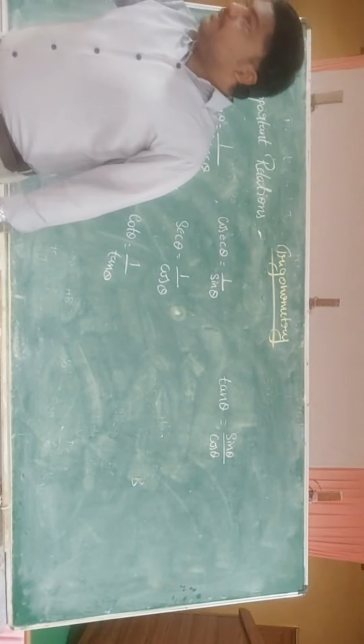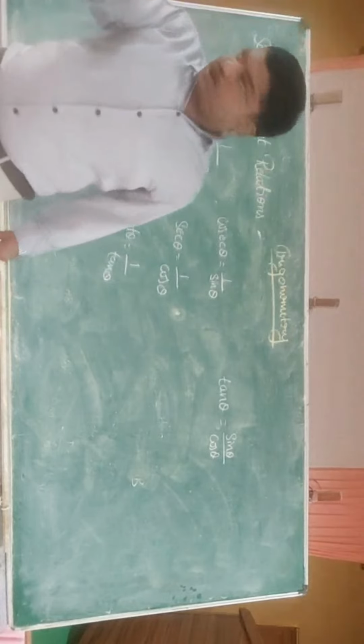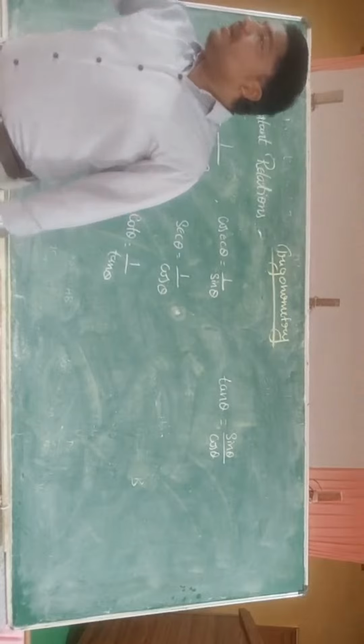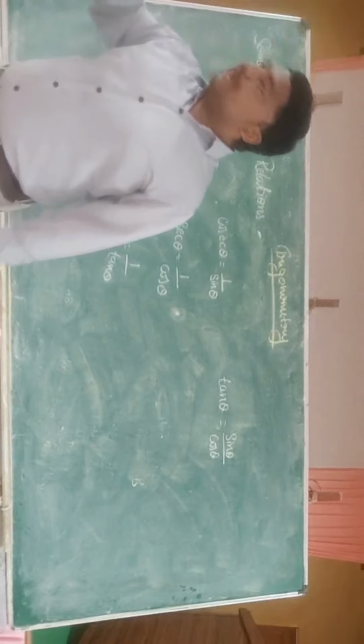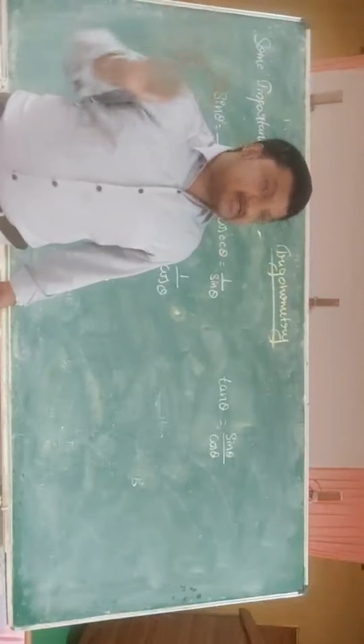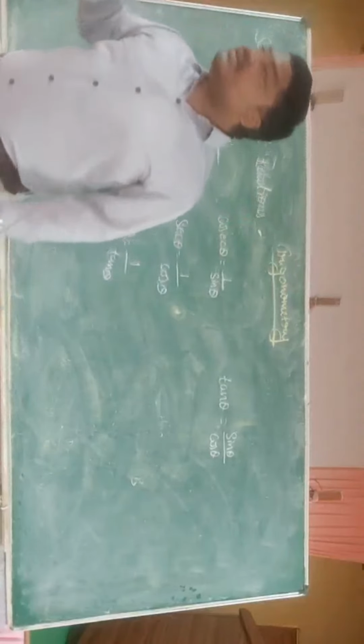If you divide sin by cos, what will you get? Opposite upon hypotenuse whole divided by adjacent upon hypotenuse. The hypotenuse cancels, leaving opposite upon adjacent, which is tan theta. So tan theta is expressed in the form of sin and cos.